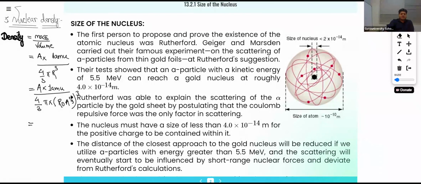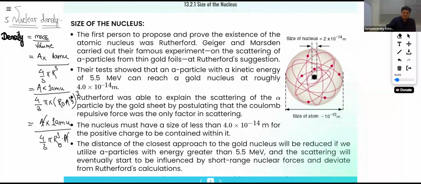So this will be equal to A into 1 atomic mass unit upon 4 upon 3 pi r cube into A. A and A will get cancelled, and you will get density value as 1 AMU upon 4 upon 3 pi r cube. We know what is pi, we know what is r cube. In place of r cube you can write r naught cube, and we know the value of r naught.